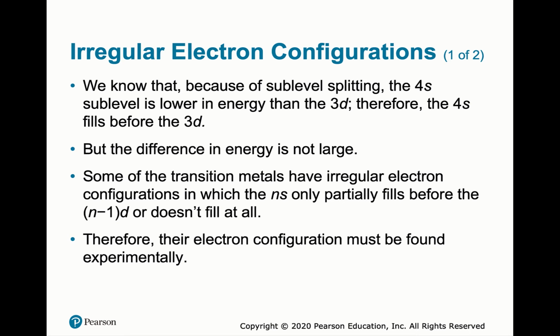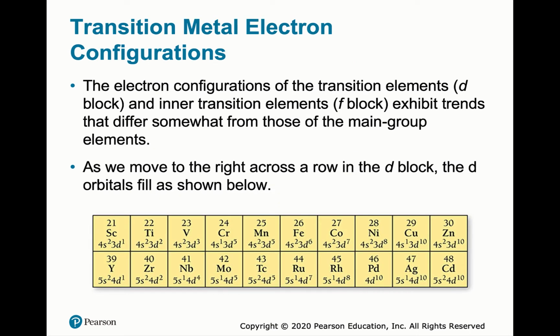But when electrons are removed, they're removed from the highest n first. So the 4s electrons are going to be removed before the 3d ones. The other thing with chemistry, remember it's an observational science, and we're trying to give you the rules and make sense of it, but we're reporting back what we actually see.